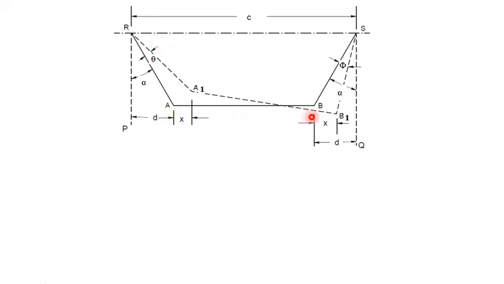This is called the track rod. When the vehicle is in the straight ahead position, links RA and SB make equal angle alpha. You just see only the continuous line. When the vehicle is moving straight ahead, there is no change in shape or position of this 4-bar mechanism. Then the angle is alpha.